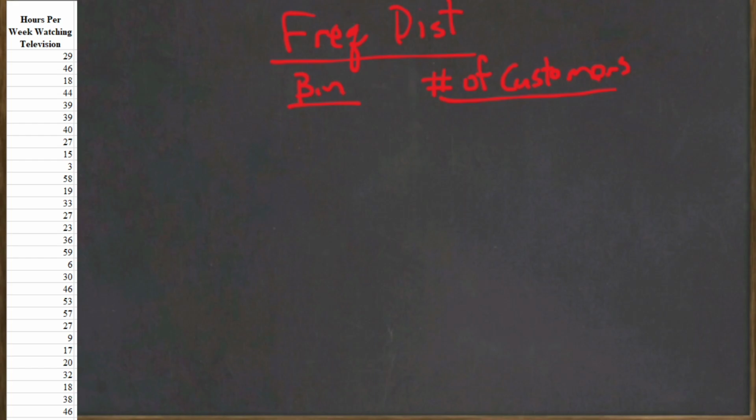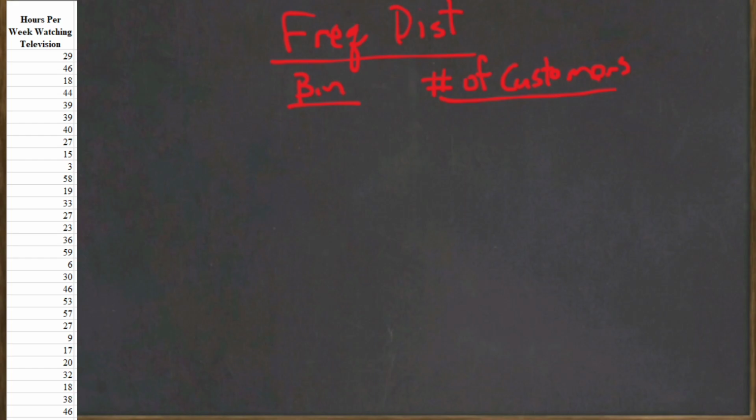Now with the qualitative variable, we just pulled and said, okay, all these states were in the data set, so let's just put them all as separate classes. If we did that here, we would largely get bins that just have one entry in them, right? If we made a new bin for each of these numbers, we would occasionally, so there's at least two 39s, but largely there's only one 3, there's one 6, there's one 9.